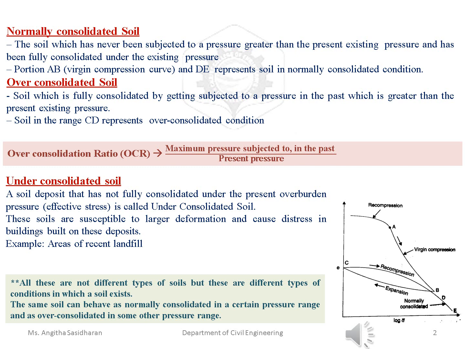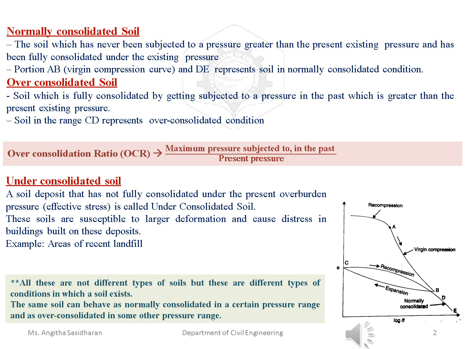And the soil in the range CD represents the over consolidated condition. So just examine the portion CD. A soil in this region is over consolidated. How? Because it started the consolidation process in the first loading part, and then it was reloaded, and then again it was unloaded, and again reloaded.